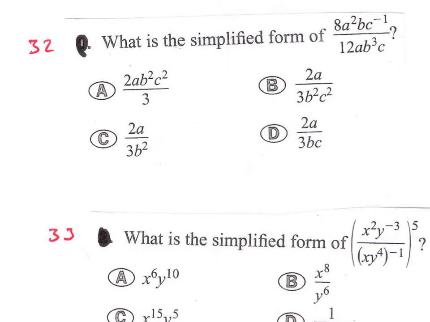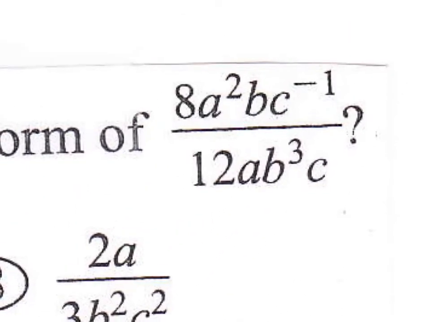Number 32, what is a simplified form of 8a squared plus 8a squared bc to the negative first over 12ab to the third c? One thing I want to really remind you of is these guys all have their own power if there's nothing given to them.